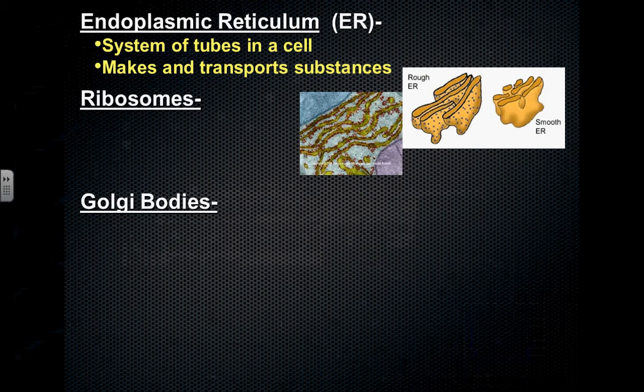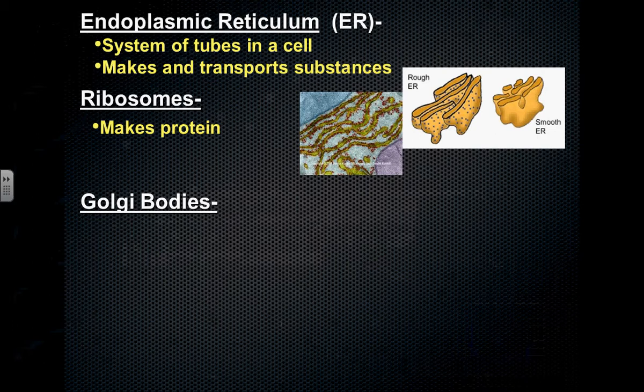It's mostly protein. And these ribosomes, their job is to assemble these proteins. There's many, many different types of proteins, almost a limitless number. And the ribosome is responsible for putting together these proteins.